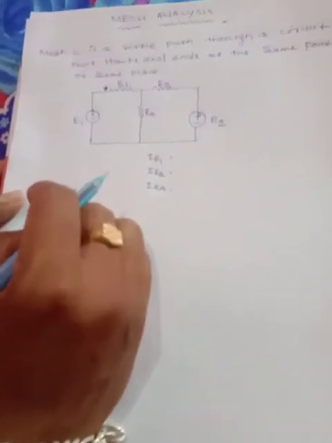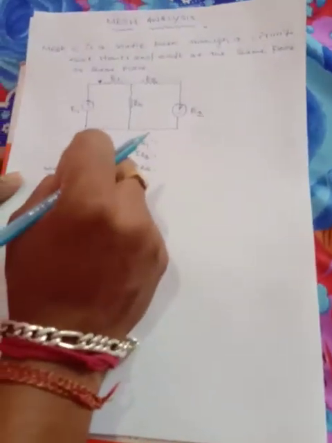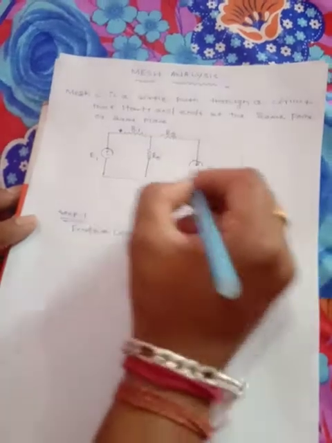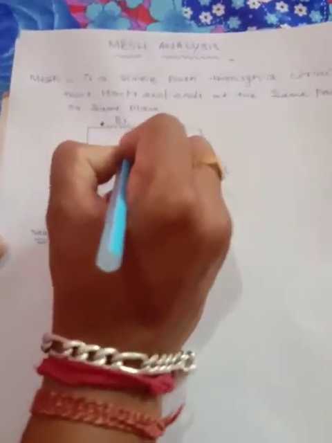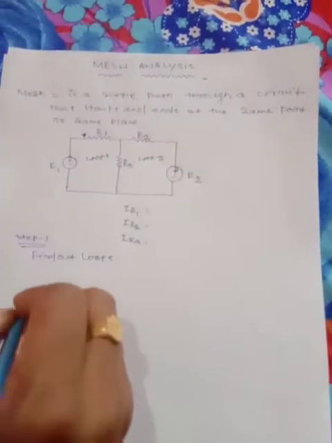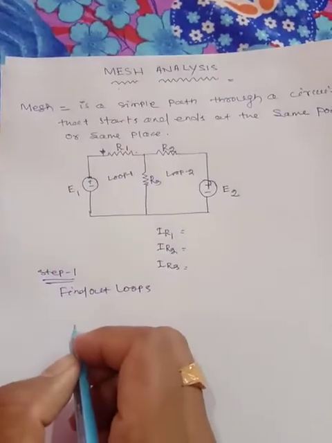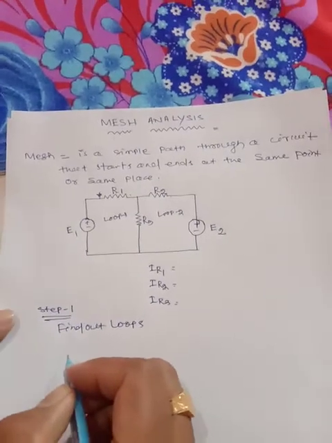Step 1: find the loops, that is, how many loops are present in the circuit. A loop means a closed path. Here two loops are present: loop 1 and loop 2.